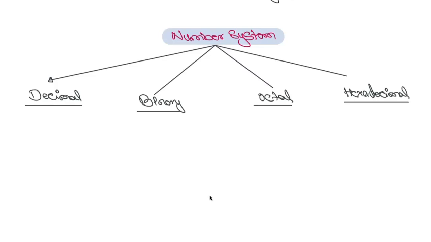Why? Because it uses only 0 and 1, right? Example of decimal: 27, 43.25. Normal numbers that we use in daily life are decimal representation only, right? And decimal representation is very good when you are writing any continuous range.